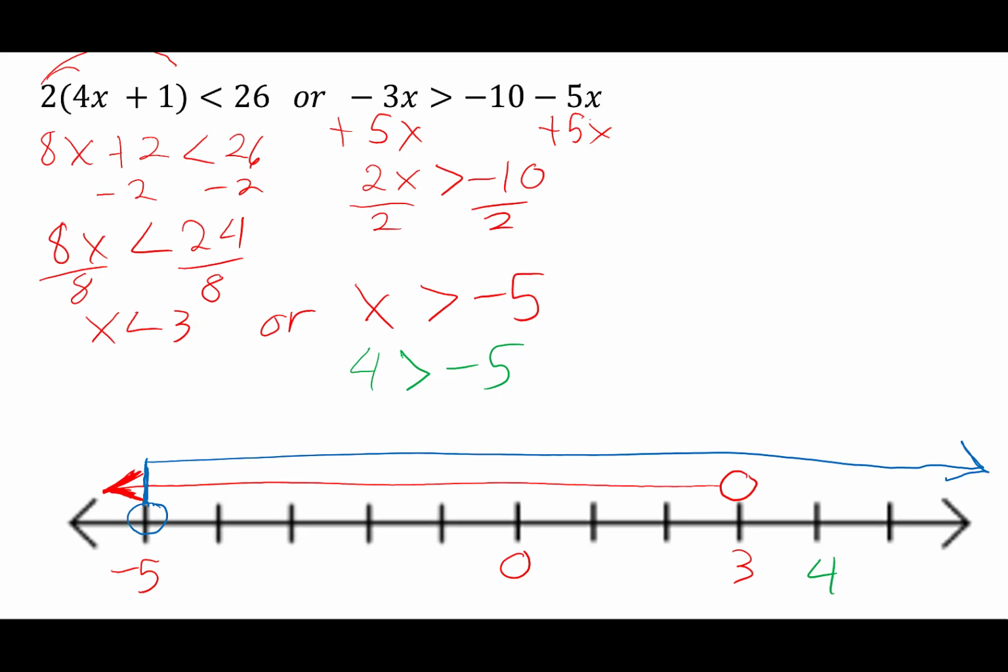If I picked a negative 6, that is less than 3, right? But it's not greater than negative 5. What about 0? Well, 0 is less than 3, and 0 is greater than a negative 5. Remember, we can have both true.